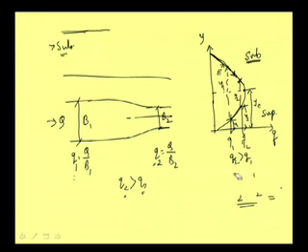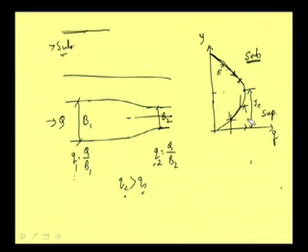Now say this is my Y1, where Q is this one. We are talking about subcritical flow. So this is Y1 and this is Y2, Q1 is this one and Q2 is this one.